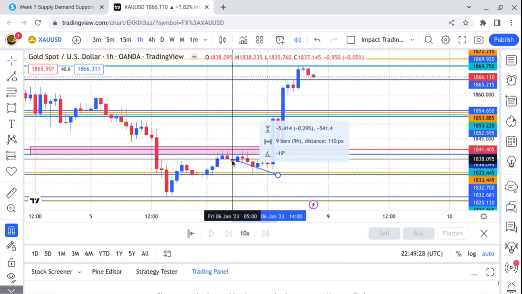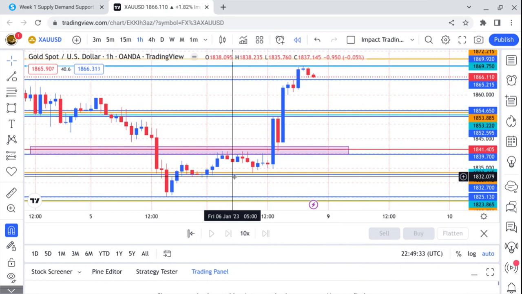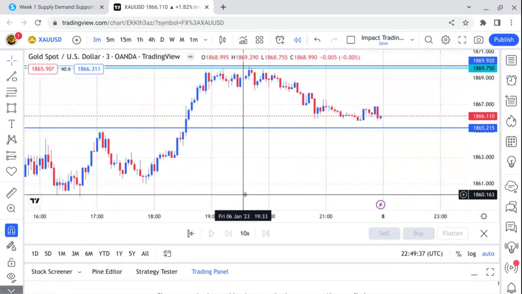If you wanted to do an entry on the 3, we could do an entry on the 3 for this trade on the 3-minute chart for intraday trading.